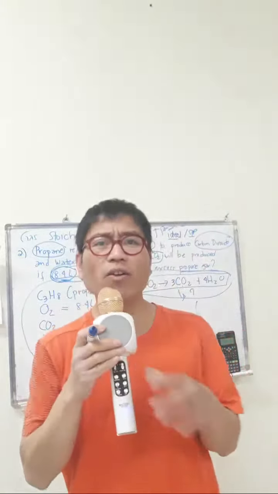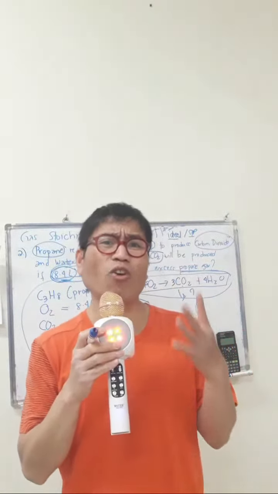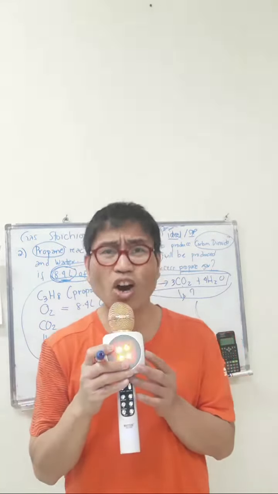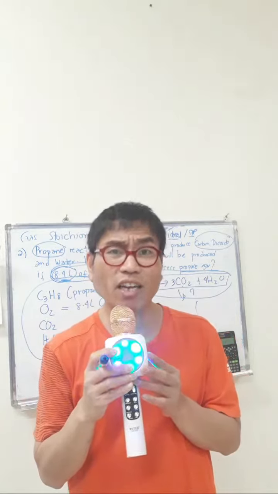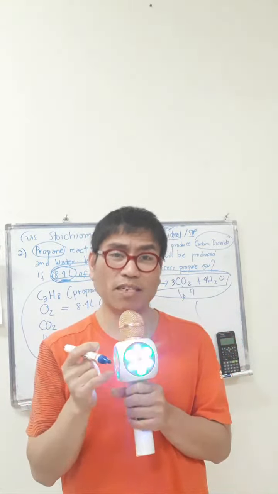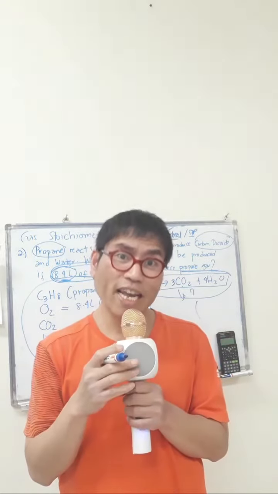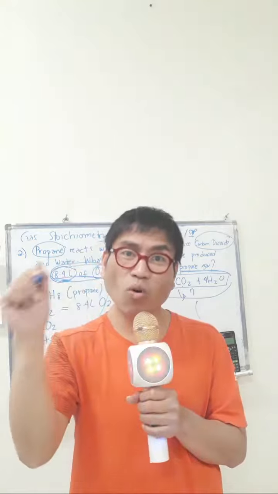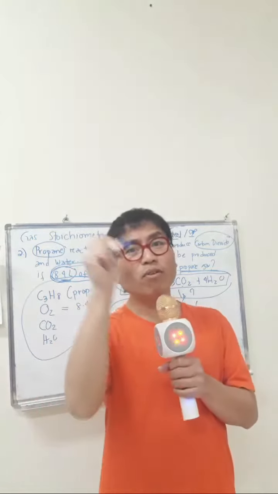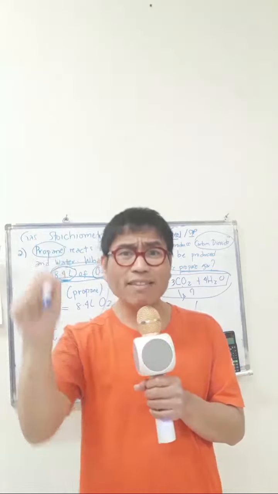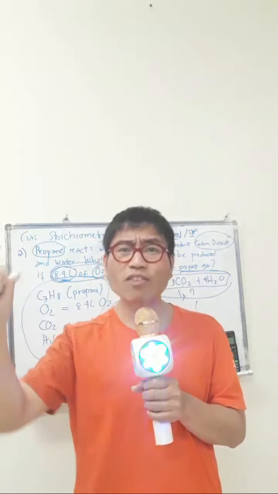So how can we identify that it is a complete combustion? It always yields products of carbon dioxide and water, right? Because if it is incomplete, there is carbon monoxide, and there's also carbon atom. So it will become carbon monoxide plus carbon atom plus carbon dioxide plus water.